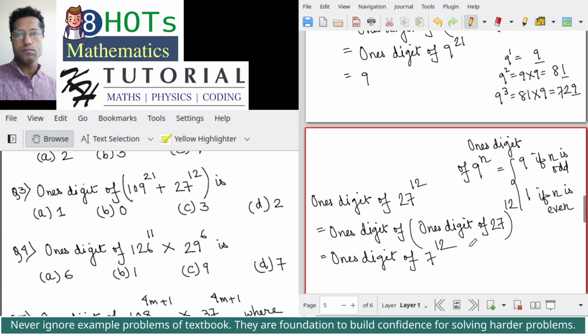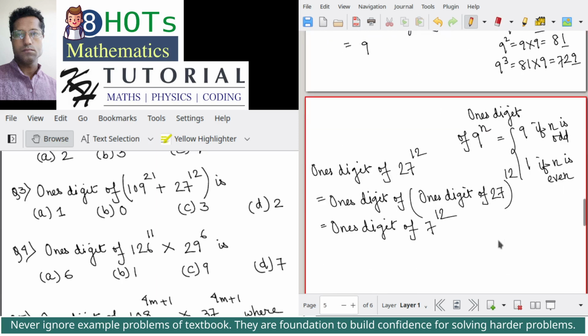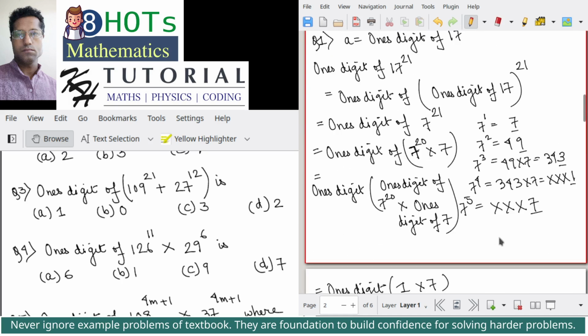Now we must see the pattern of the ones digit of the powers of 7. We know that at every fourth power of 7, the ones digit is 1.